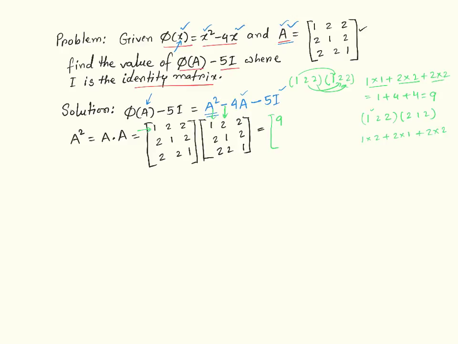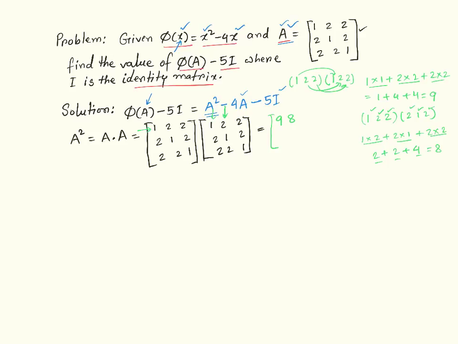Please note I'm multiplying this with this and adding that to the product of this times this, and then adding that to the product of 2 times 2. If I simplify it, 2 plus 2 plus 4 is equal to 8. So this is going to be 8.